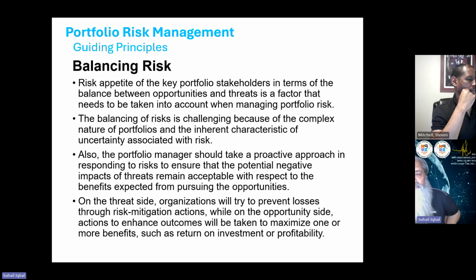Also, the portfolio manager should take a proactive approach in responding to risks to ensure that the potential negative impacts of threats remain acceptable with respect to the benefits expected from pursuing the opportunity. On the threat side, organizations will try to prevent losses through risk mitigation actions, while on the opportunity side, actions to enhance outcomes will be taken to maximize one or more benefits, such as return on investment or profitability.